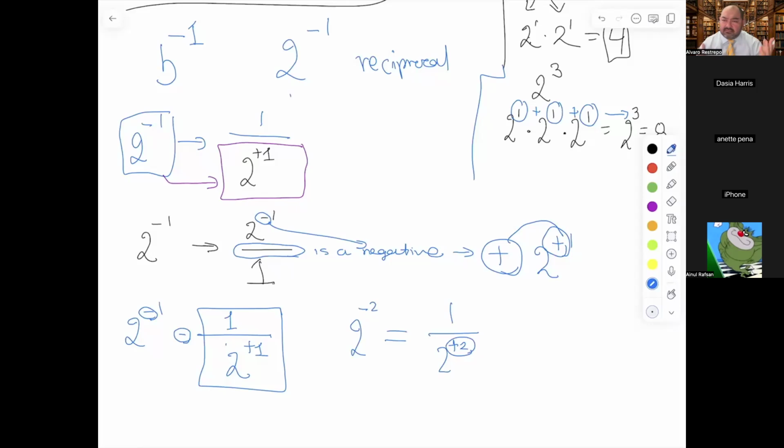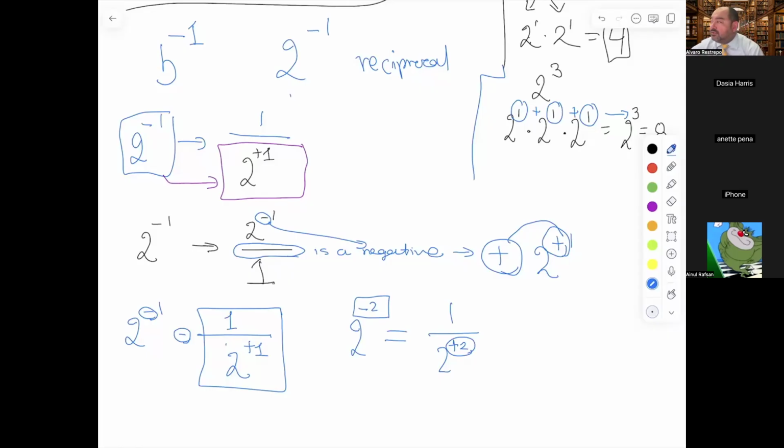It tastes good, but they don't explain to you how the mofongo is being made. It's a process. So it's the same thing here. People just buy it. And if you don't know mofongo, you better look it up. So 2 to the negative 2 becomes a positive 2, but it's in the reciprocal.